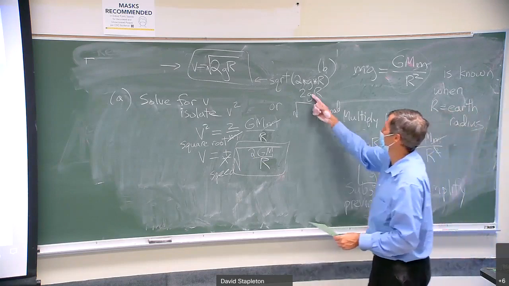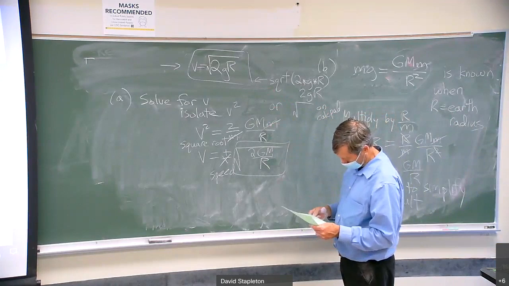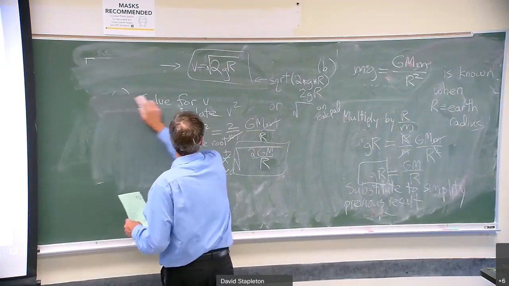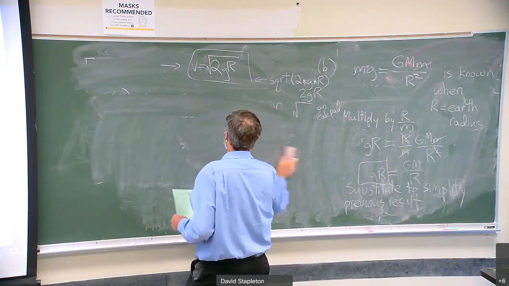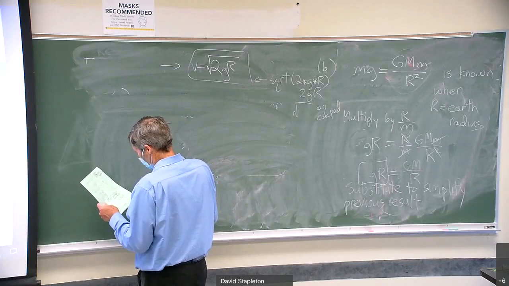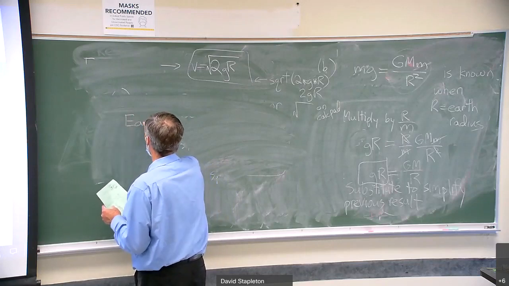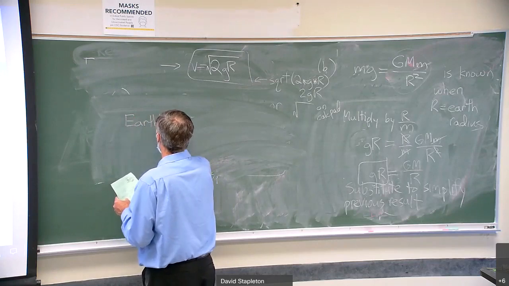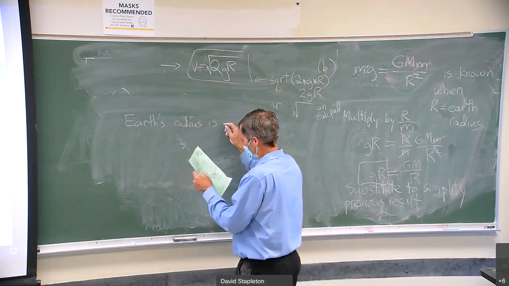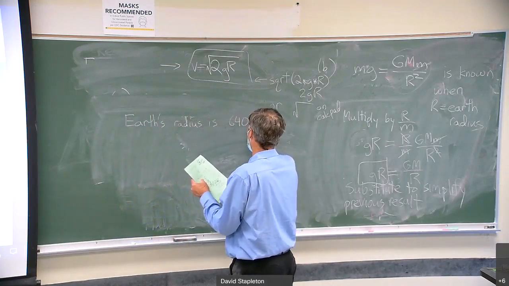Anyway, you put square root 2GR into this blank here. And then it says, find the escape velocity from Earth. So they say Earth's radius is 6,400 kilometers.